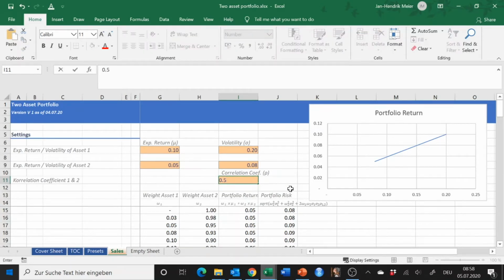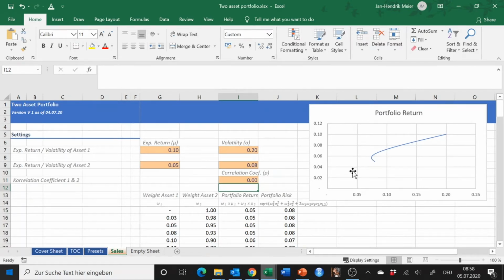They are still positively correlated, but we see that the curve gets a certain curvature. I go down further to a correlation of 0, and now we see something.